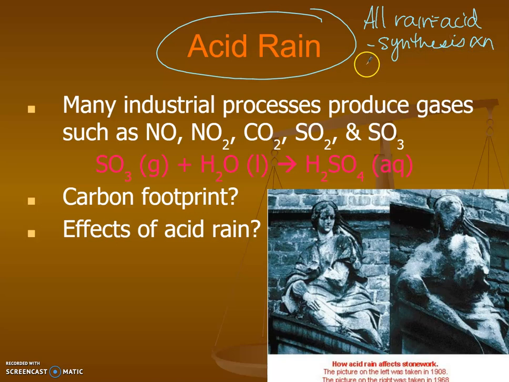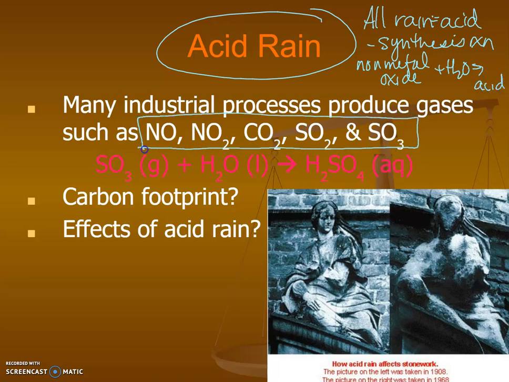So in the synthesis reactions, if you have a non-metal oxide gas and you bubble it through water, you're going to make an acid. And that's exactly what happens. Especially with any of the nitrogen monoxide or dioxide, carbon dioxide that is produced, SO2, SO3 gases, you are going to make acidic rain.